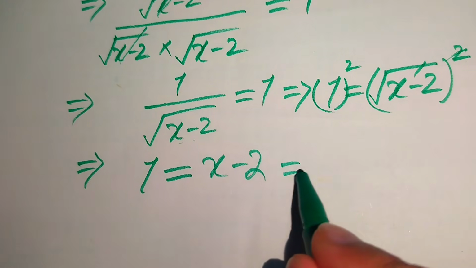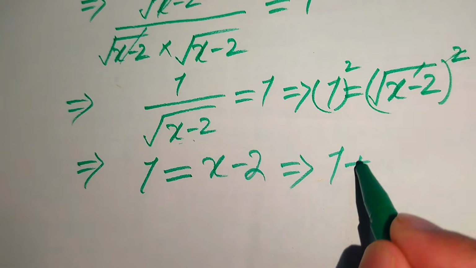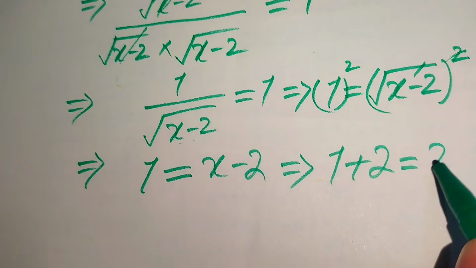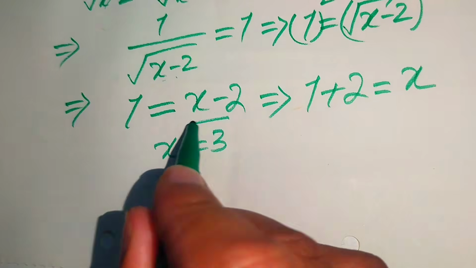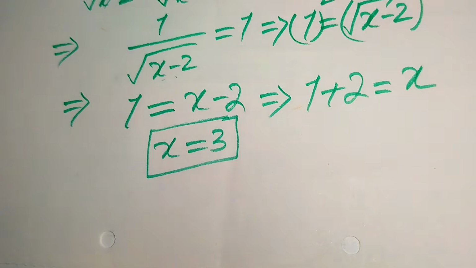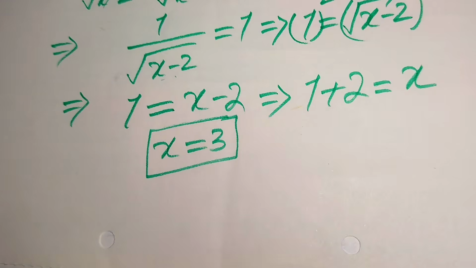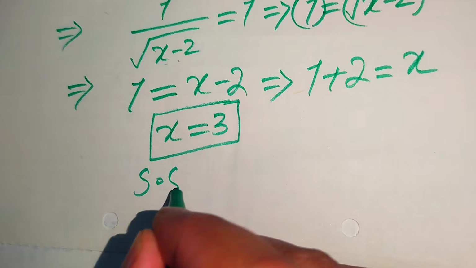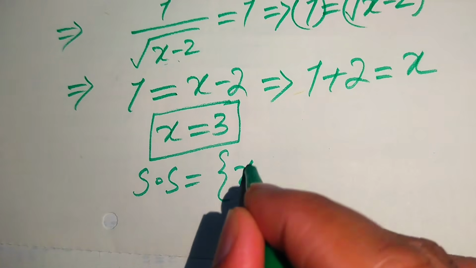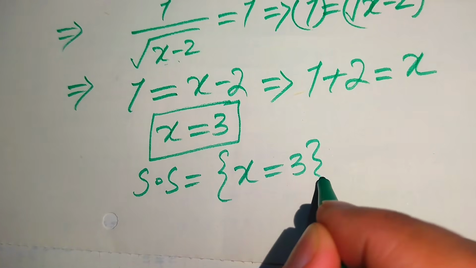So here we move 2 from the right hand side to the left hand side, and we get 1 plus 2 equals x, and we easily get the value x equals 3. So this is the only one value of x which we get here in the second method, and in the first method we already verified that x equals 3 satisfies our given question statement. So finally we have the solution set of this problem: x equals 3.